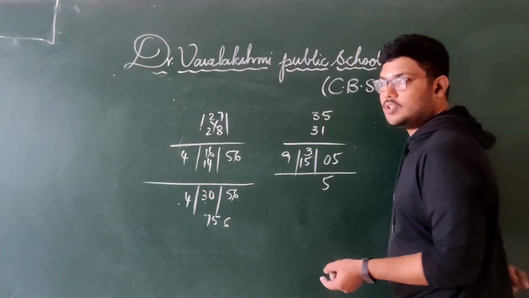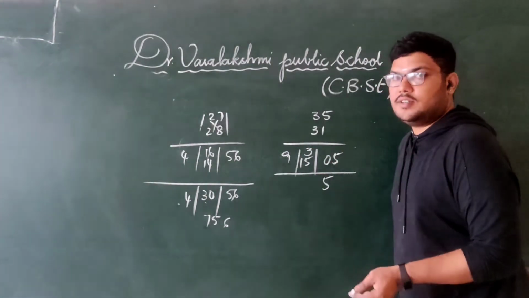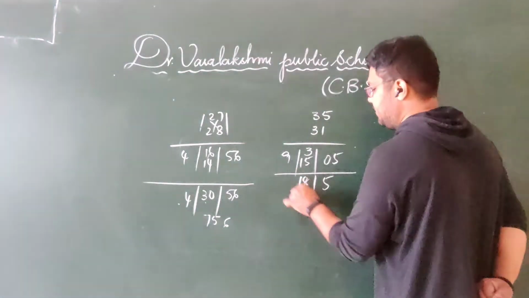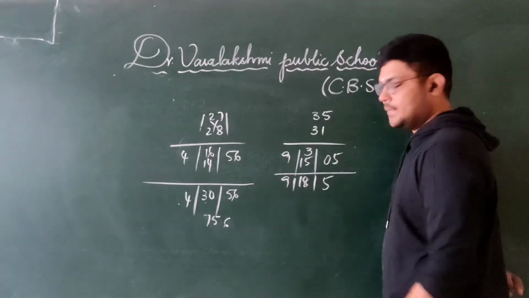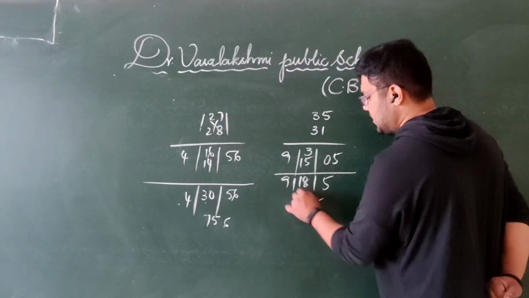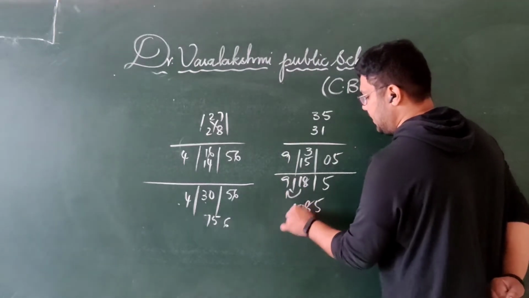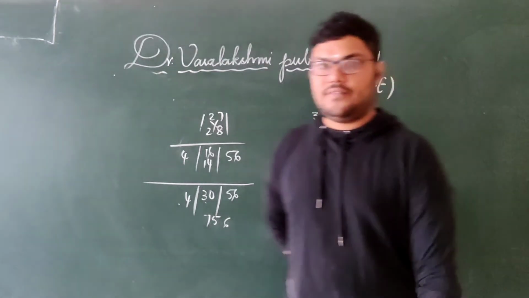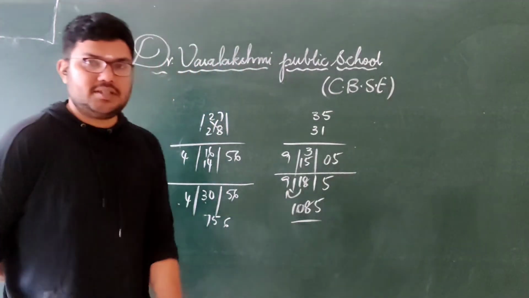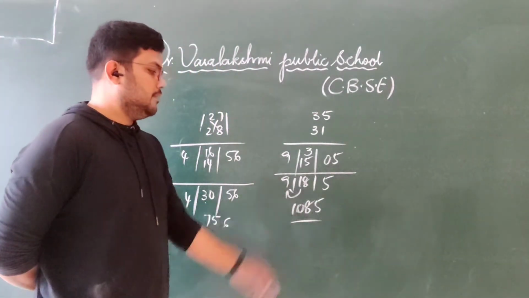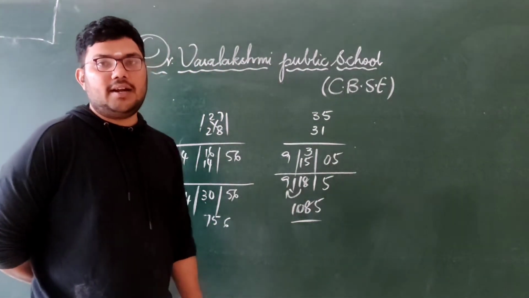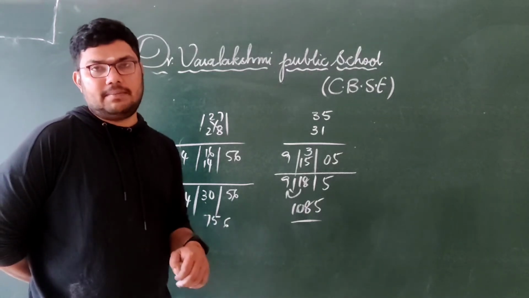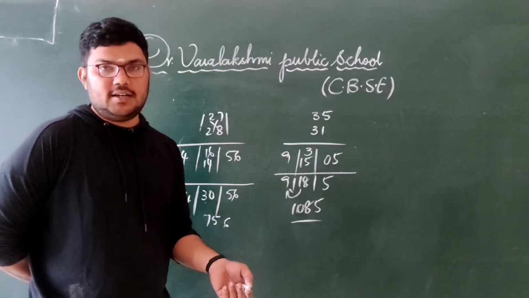No need to carry 0 here. If you carry also, the result won't change. Here 18. Next here 9. So 5 as it is, 8, and 1 carry here, it will be 10. So 1085. Hope you guys understood this trick. In this manner, we will calculate a 2-digit number into a 2-digit number. So it will be much easier.